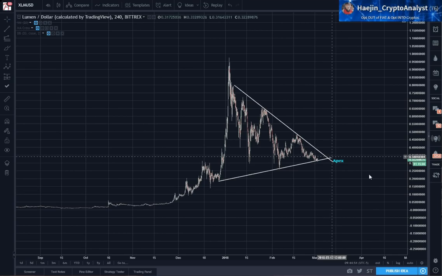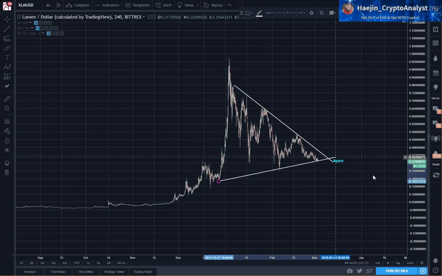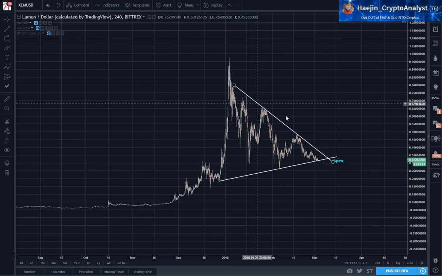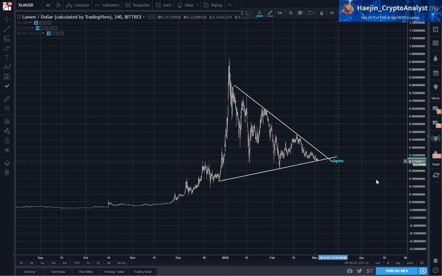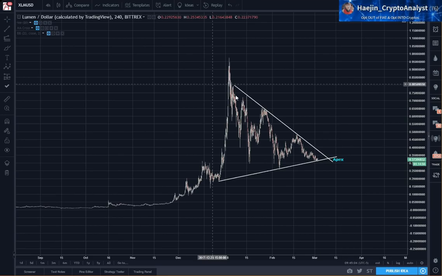The way I learned it, the apex, where two lines of the triangle intersect, is quite significant, because as the price approaches the apex, as you can see, a lot of sellers here, they drove it down, they tried it again, until no more sellers are left.